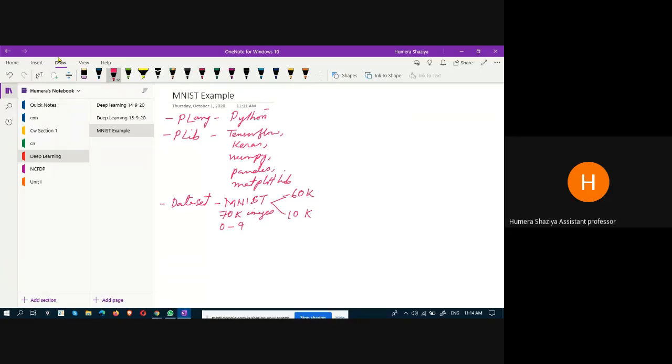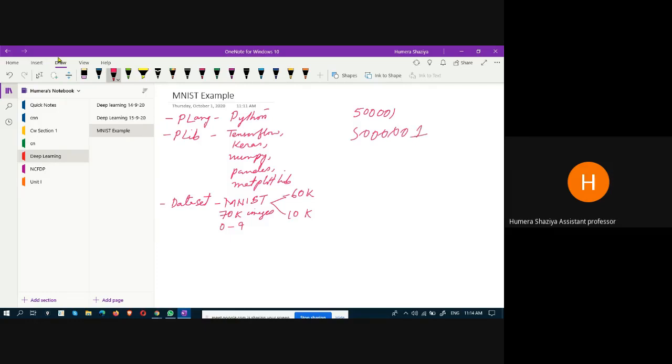What happened was people in United States used to write pin codes. Suppose if I have to write my pin code 500001, I write like this. Some other person may write it like this.